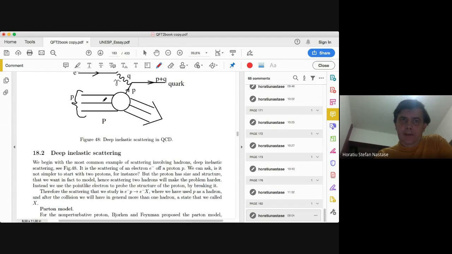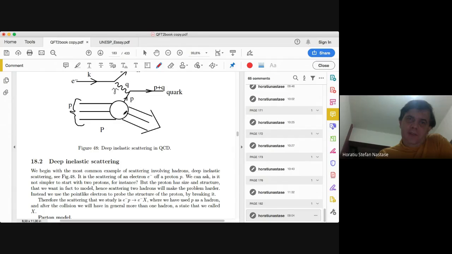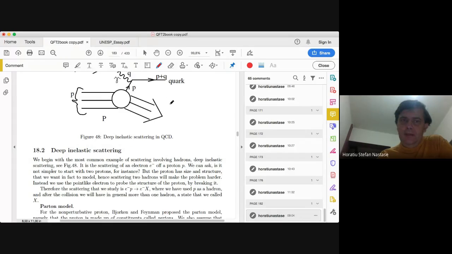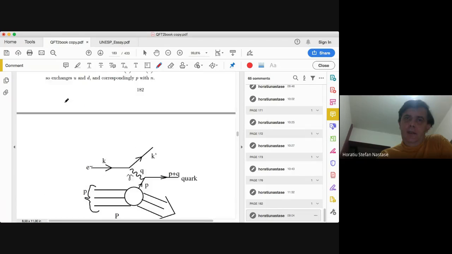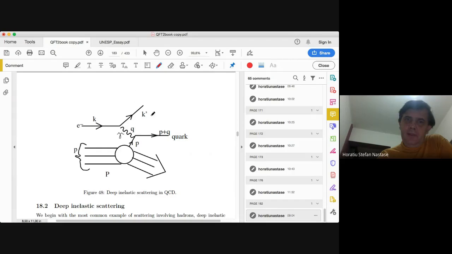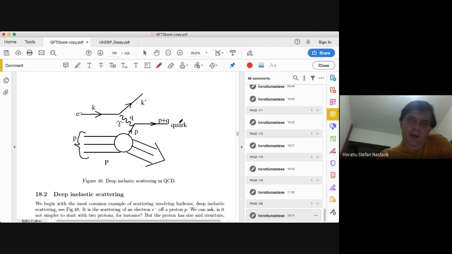All right. So the electron probes this structure by breaking it, through this electromagnetic force, the photon. You interact with a quark inside it, and therefore the reaction can be written as: you start with an electron and a proton, and you end up with the same electron, the electron remains, of course, and a state X that can be one or more hadrons.